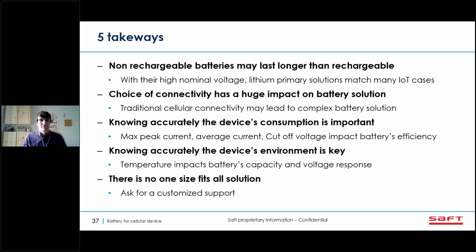From my point of view, it means if you install a 1 ampere hour battery in a device, the objective of the device is to use as much of its energy as possible. It's not to put the cell in the garbage after using only 50% of the capacity. Yeah. But this depends clearly on the adequacy between the application and the selected battery.